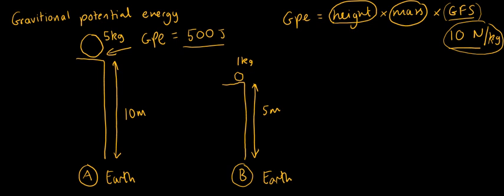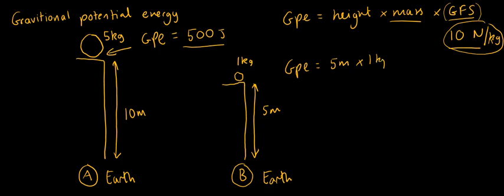Okay, so now looking at situation B, see if you can just pause the video and have a go at calculating this. So what we've got is a height of 5 meters, times the mass of our boulder, which is 1 kilogram, times our gravitational field strength, which is 10 newtons per kilogram.